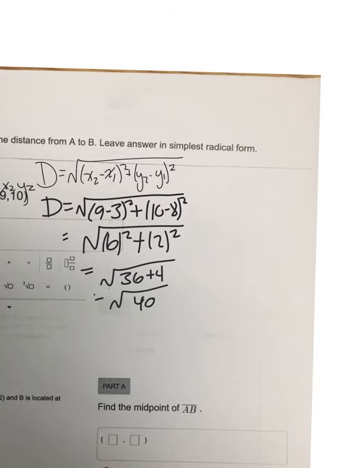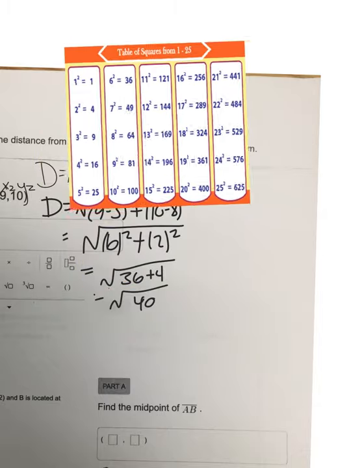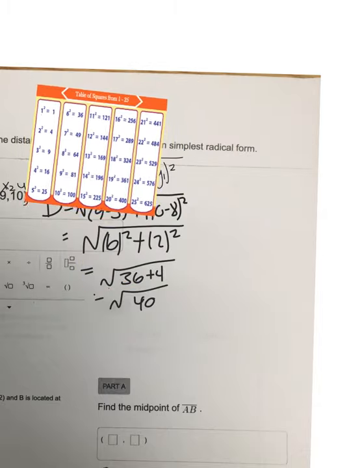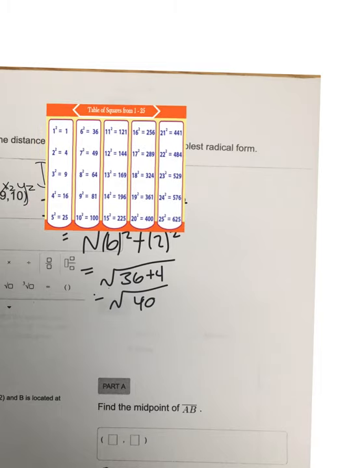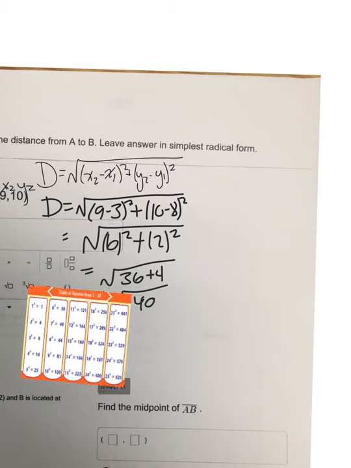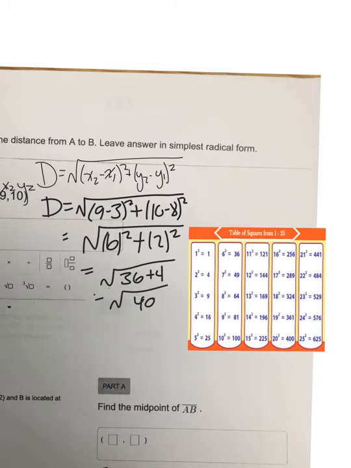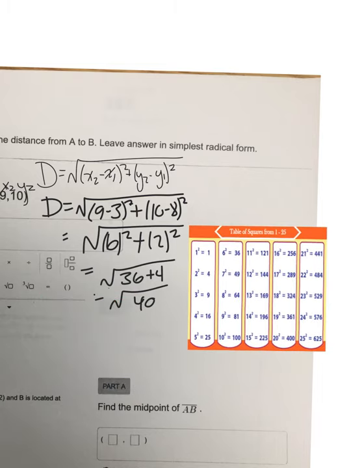The perfect squares? All right, so now I get my list of perfect squares. I have a list right here. And I can use my calculator.